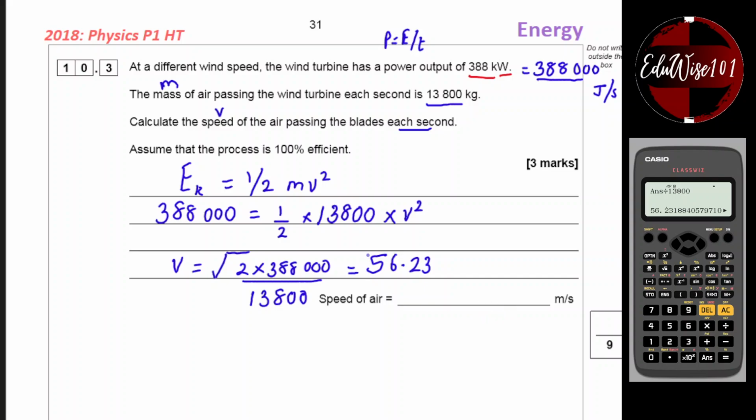Now, in order to find the speed, I need to find the square root of that. So, square root of 56.23 gives me 7.49, round that to 7.5 meters per second.